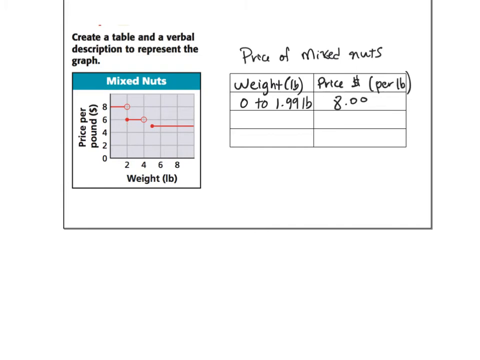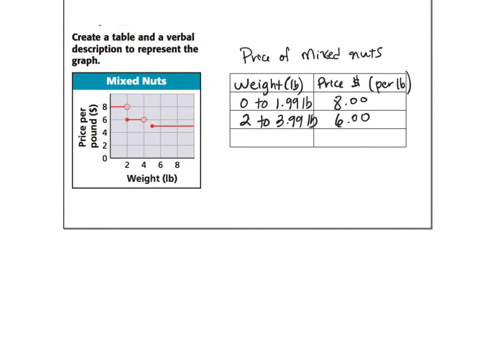Okay, so I'm going to write that on this side. So it goes from 2 pounds to, just to keep consistent, 3.99 pounds, because it doesn't include 4, so I just put up to 4. And the price for those is $6 a pound.